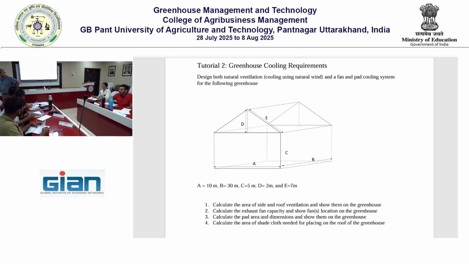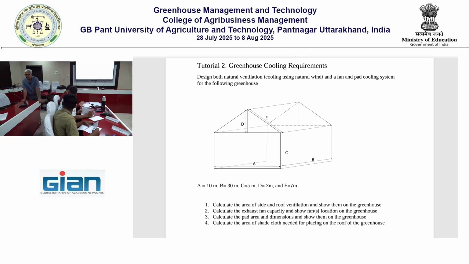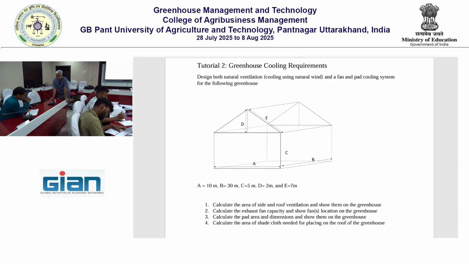Calculate the total area of the greenhouse. What are you using that for, total area? Yes, I understand you want to calculate, but why do you want to calculate total surface area? Because the side and the roof ventilation is 15% of the ground area, not the total area, right?